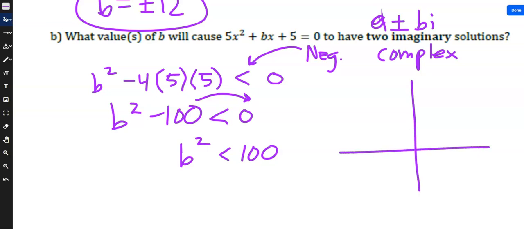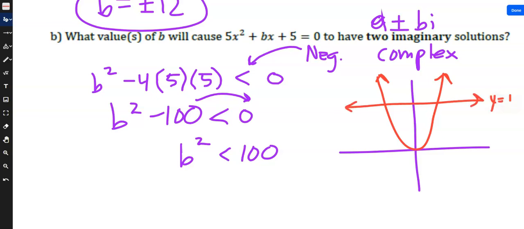Now, before we go further, I want to think about this in terms of graphing. So imagine a parabola. All right, we know what parabolas look like. And imagine the line y equals 100 going across. Wow, that is a bad looking 100. Let me try that again.